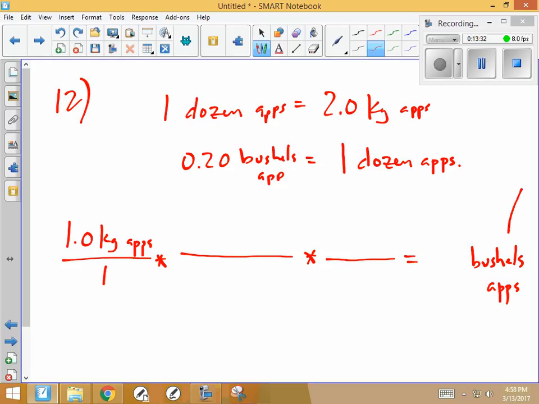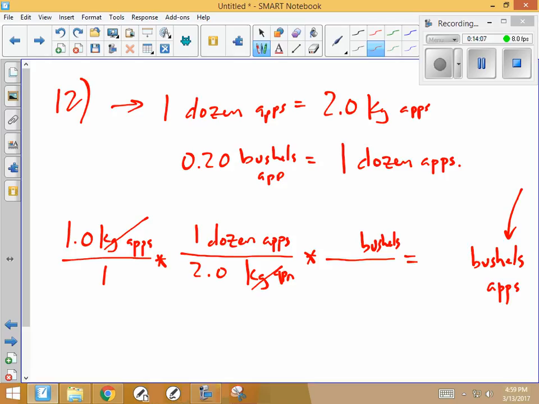My last one will have units similar to my answer on top, bushels. And this one will obviously have kilograms on bottom so that my kilograms cancel. So I'm going to use this one right here. Do you see that? 2.0 kilograms of apples equals 1 dozen apples. Right? So my kilograms are going to cancel.